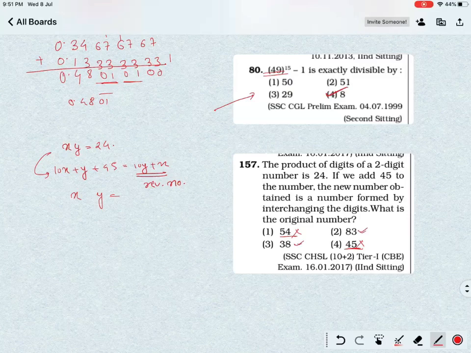So either it is 83 or it is 38. We added 45 to the original number to get the interchanged number. So if we add 45 to 38, we will get 83, the reverse form of this number. So 38 is the correct answer.